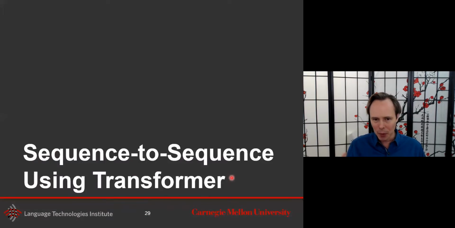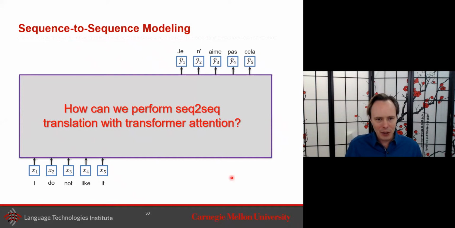But before we go into the training, which gets a little bit tricky if we want to do it in an unsupervised way, I want to ask you how can I use this idea of transformer to do a sequence to sequence? Let's say I have one language and I want to be able to generate another language, or in a multimodal sense, you may have an image and generate a sentence, like image captioning.